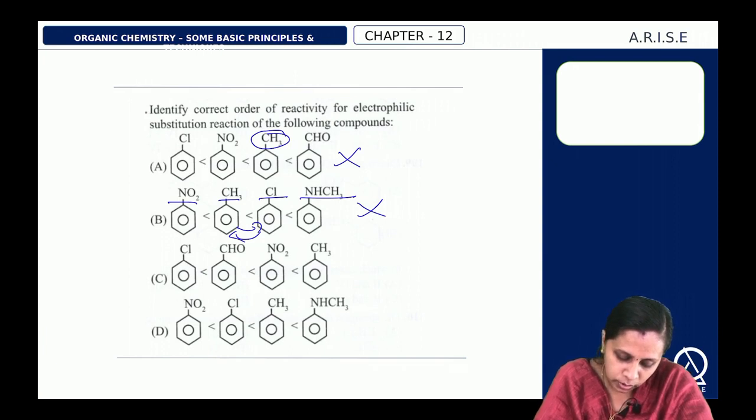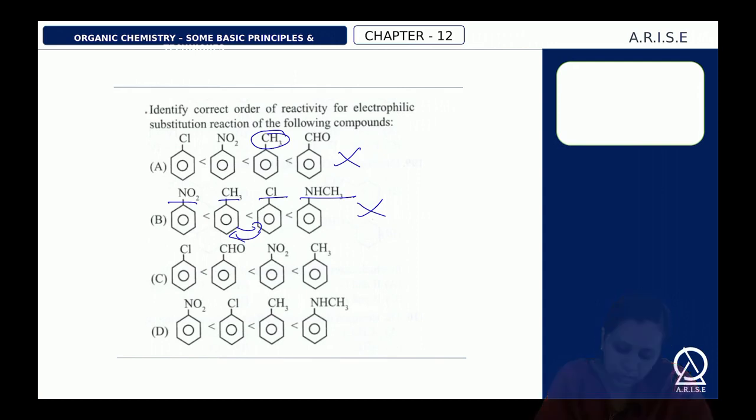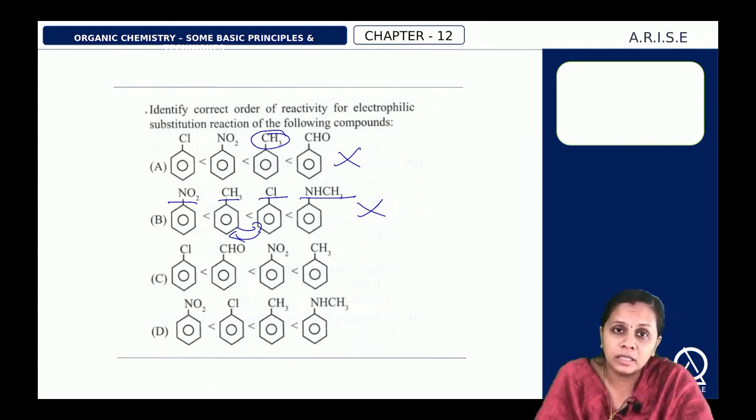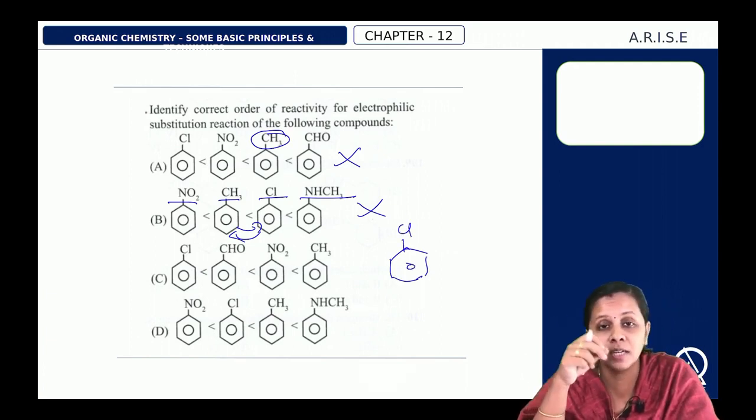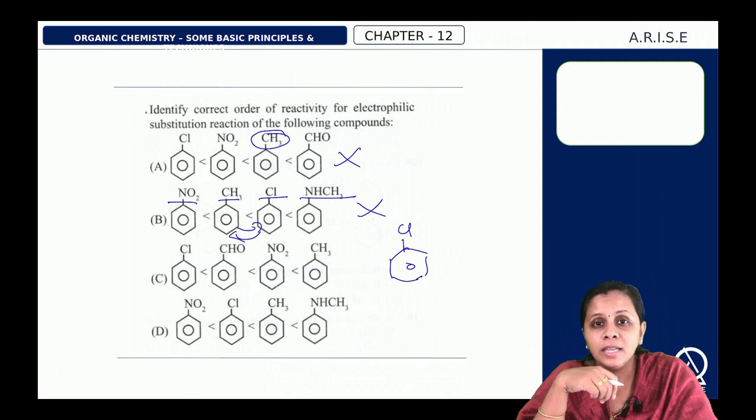Then coming to the next, CH3, NO2, CHO, Cl. When you consider these, CH3 should have the greater tendency for electrophilic substitution, then it is not NO2, it should be chlorobenzene. Why chlorobenzene? Chlorobenzene has two types of effect. It has plus R effect, which means it gives electrons to the benzene ring through resonance, and it pulls electrons from the benzene ring through minus I, that is negative inductive effect.